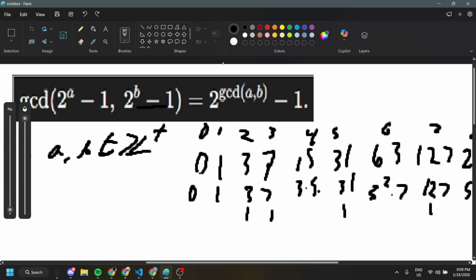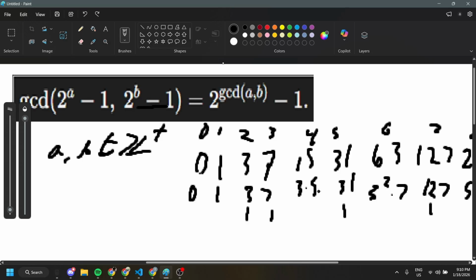The greatest common divisor of these plus 1 is a power of 2. So the greatest common divisor of these plus 1 can only equal some power of 2. That's the greatest common divisor of both of these.